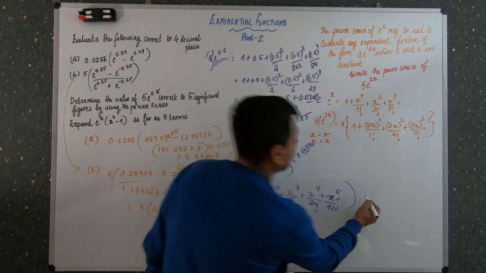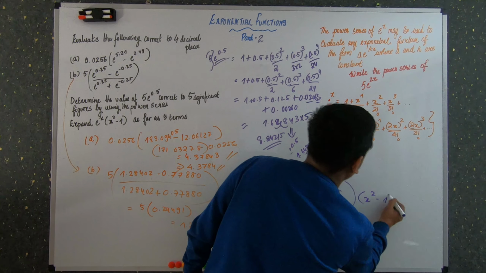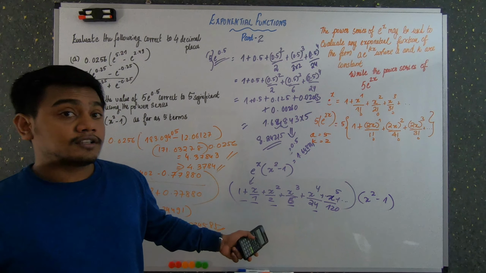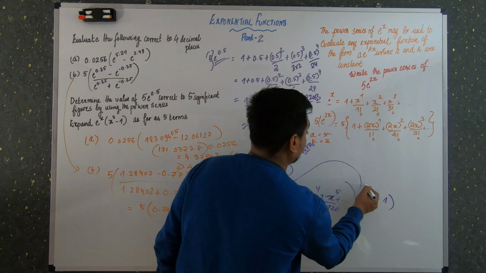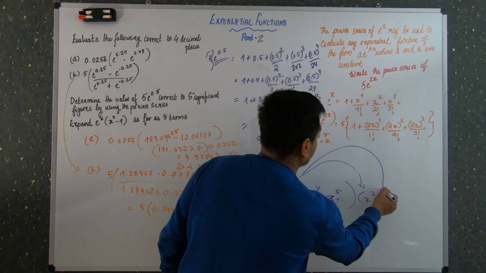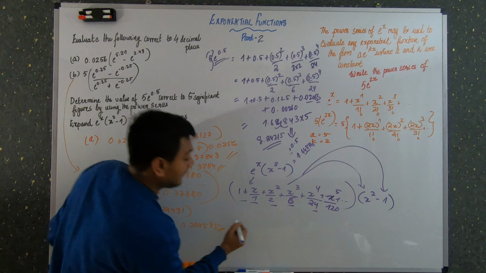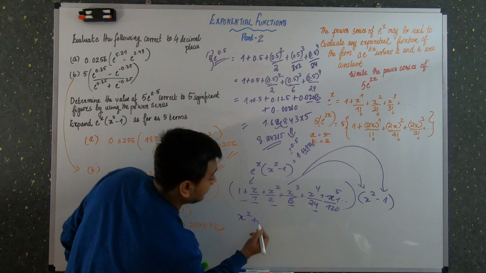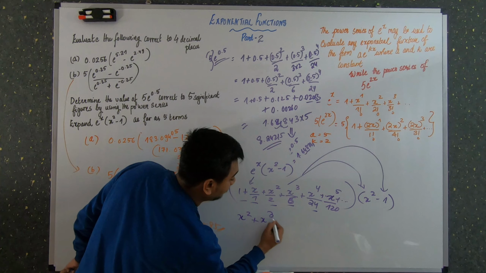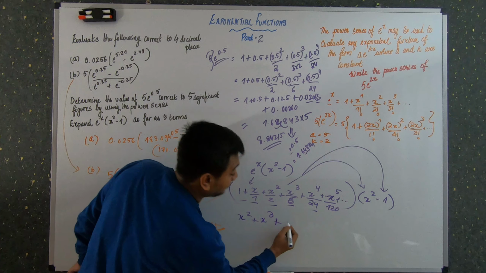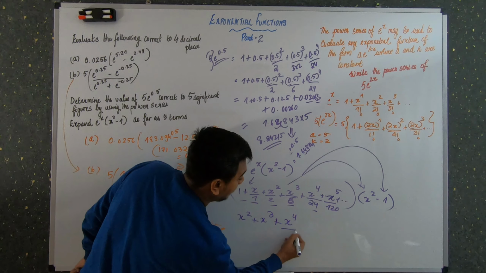Okay, into x square minus 1. So what I have to do is, this is like an algebraic multiplication, right? First you have to multiply all these terms with x square, then multiply all these terms with minus 1. So let's do it. x square into x, that is x cube, right? Again, here x raised to 4 by 2.